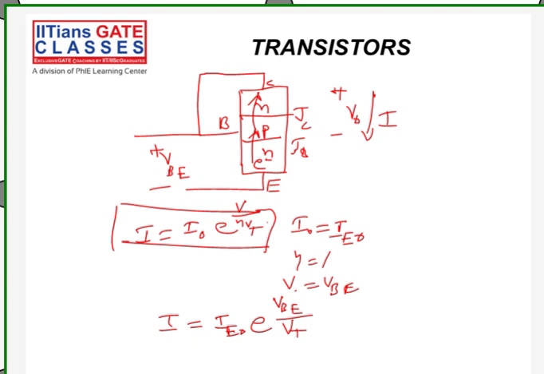I was not able to write the question here, so you just note it down. In the figure that I'll show you, the transistor has VBE equal to 0.7 volt, and the reverse saturation current I naught is equal to 10 to the power minus 13.